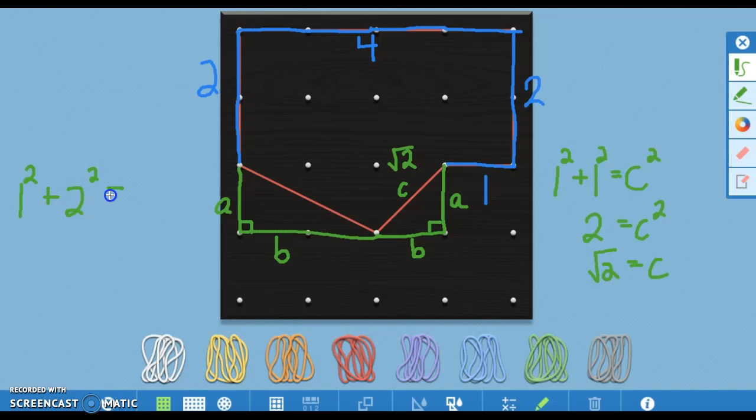And that will help us find C. One squared is 1, 2 squared is 4, so 1 plus 4 is 5. So C squared is equal to 5, and C will be equal to the square root of 5.